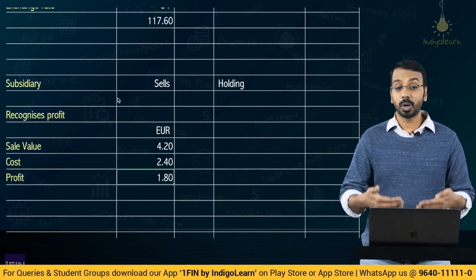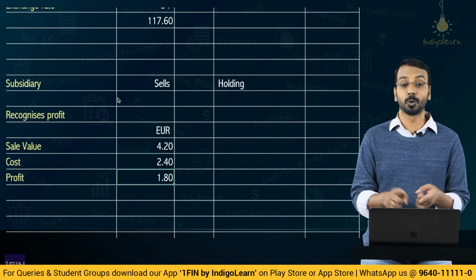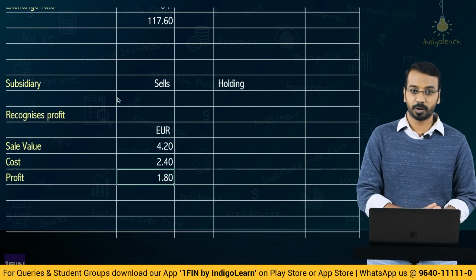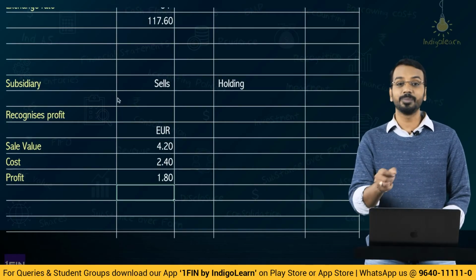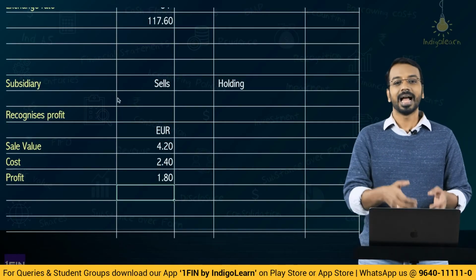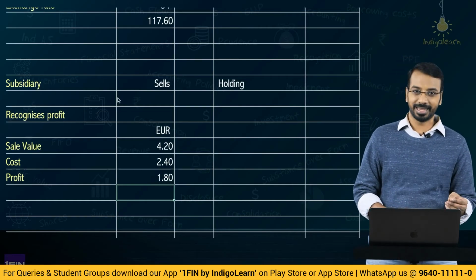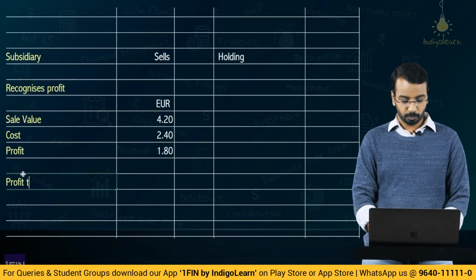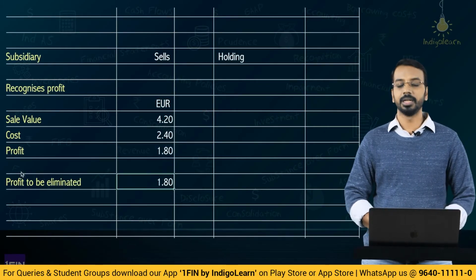Now, because the holding company has not yet sold the goods to an outsider, it is still within the group, you cannot recognize this profit. This unrealized profit has to be eliminated. So, 1.8 million euro of profit has to be eliminated because it is not yet realized, right. So, profit to be eliminated is equal to 1.8 million euros.